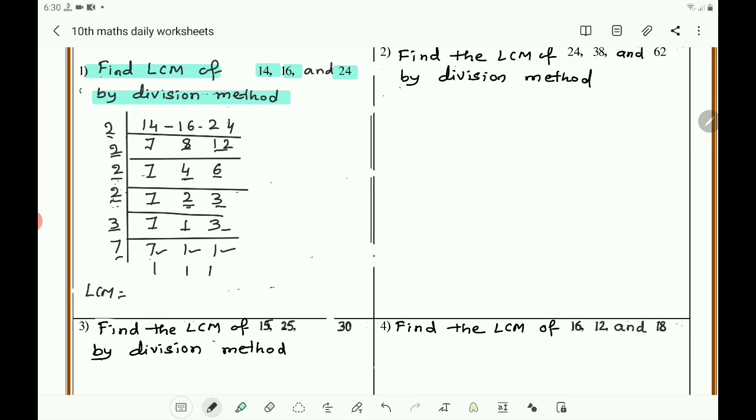How many times is 2 there? 4 times. 2 into 2 into 2 into 2. Next 3 into 7. 4 times 2, 3 and 7.